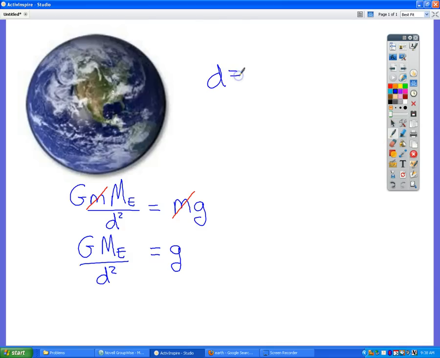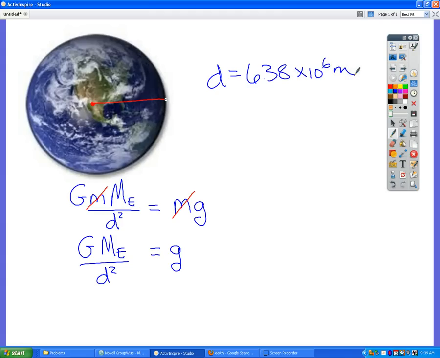We know the distance from Timba, on the surface of the planet, to the very center of the Earth, where it would be hot and not very pleasant to be. That distance is 6.38 times 10 to the 6 meters.